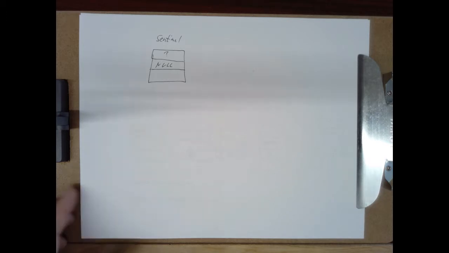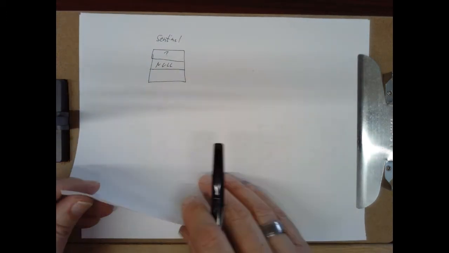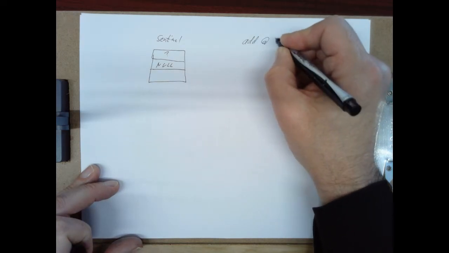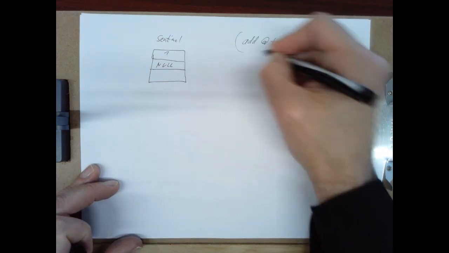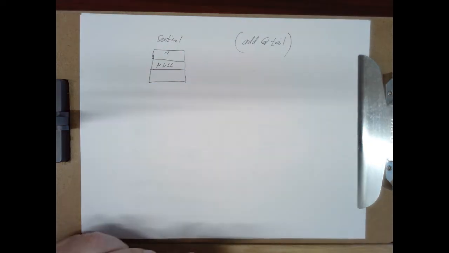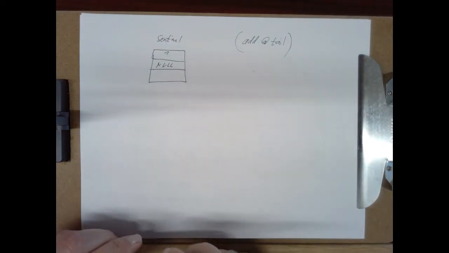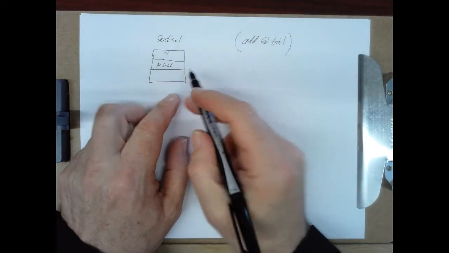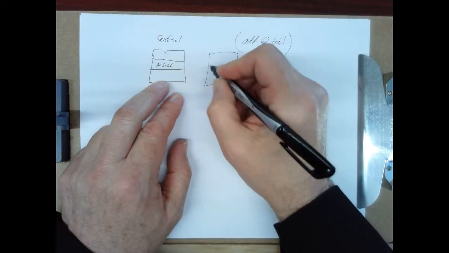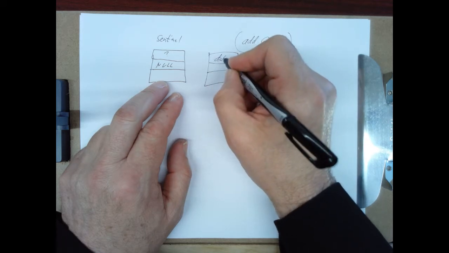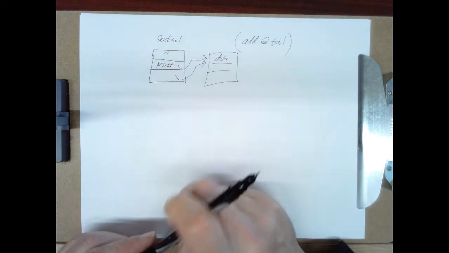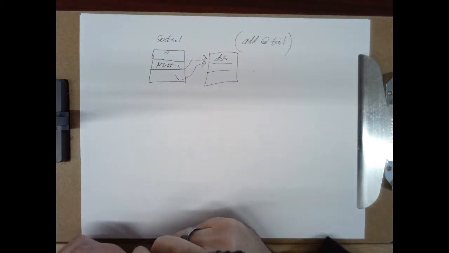And when you try to add something, remember we're adding at the tail, I would treat that as an edge case. If the list is empty, create a node, store your data, change the next to point to this, and go ahead and set your tail pointer to point to it also. And then you're off and running.